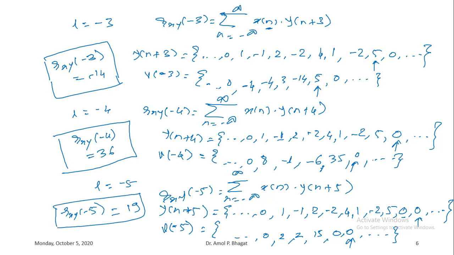Similarly for L is equal to minus 6, our Rxy of minus 6 will be the summation n is equal to minus infinity to infinity x of n into y of n plus 6.